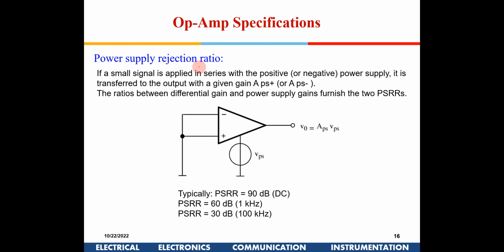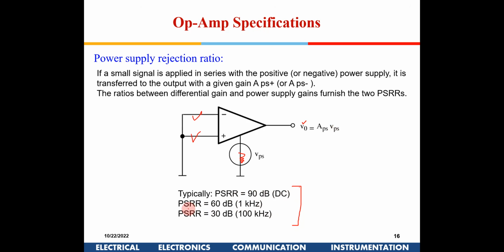And then you have something known as power supply rejection ratio. When you give the same input to both the terminals, the output should be 0. But if you vary the power supply, the output should not change, but it doesn't generally happen. A small change will happen because the biasing conditions will change, because of which the gain will change, and hence it will get reflected at the output.